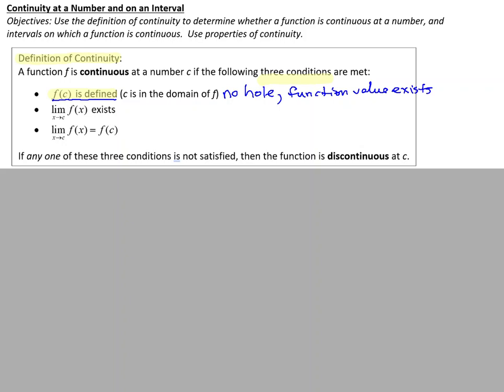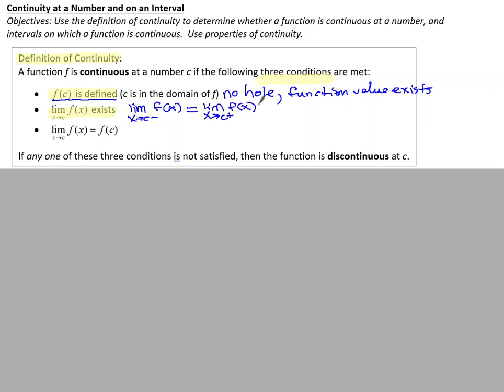Next, the limit as x approaches c of f of x exists. So often, continuity is destroyed when the limits from the left and right don't equal each other. So we want to make sure that the limit exists, which often means making sure that the limit as x approaches c from the left for f of x is equal to the limit as x approaches c from the right for f of x.